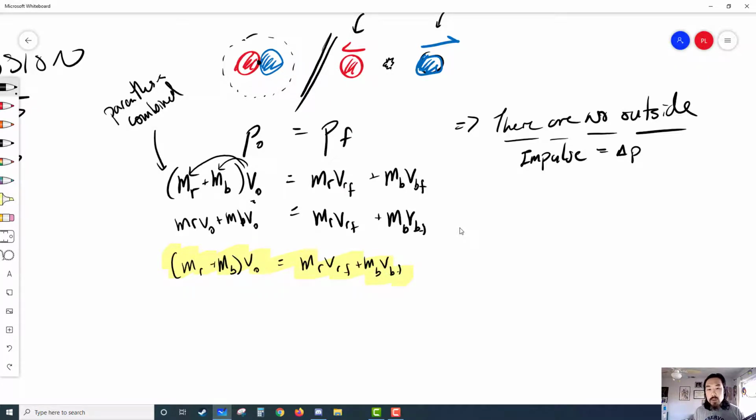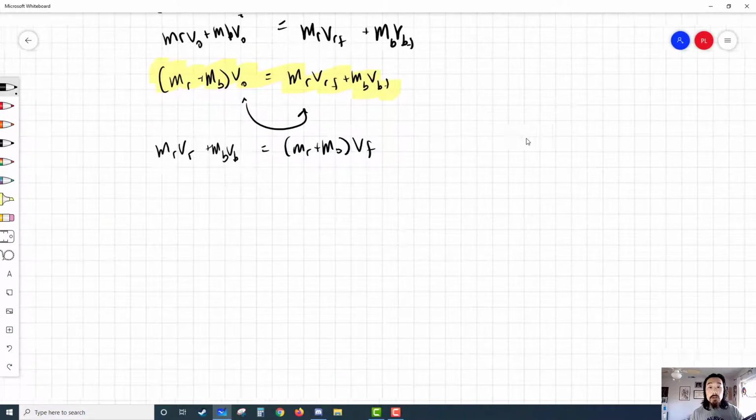In fact, if we swap the left-hand side and the right-hand side, what we would get is m_r v_r plus m_b v_b is equal to (m_r plus m_b) v final. So we have the momentum of the red sphere plus the momentum of the blue sphere equal to the final momentum of the combined spheres.